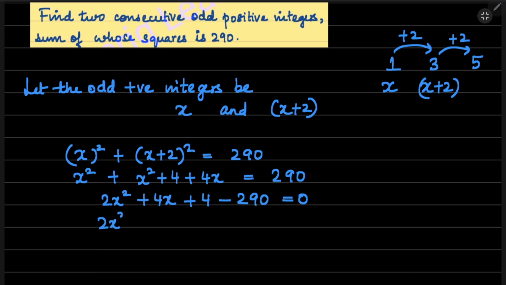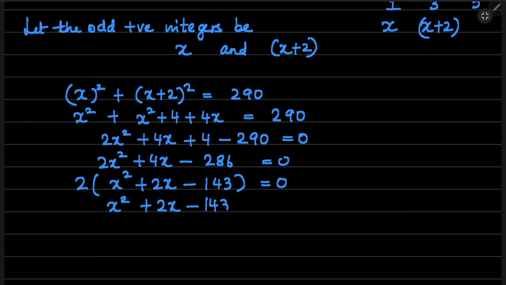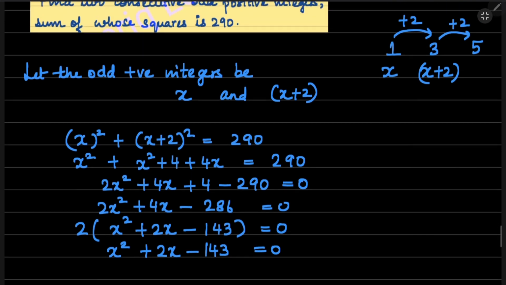So you have 2x² + 4x − 4 − 290, which is −286 = 0. You can take 2 common out. So you'll have x² + 2x − 143 = 0. So the required quadratic equation is x² + 2x − 143 = 0.